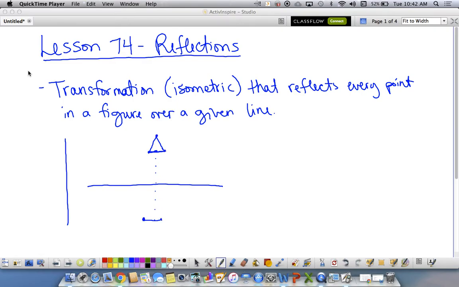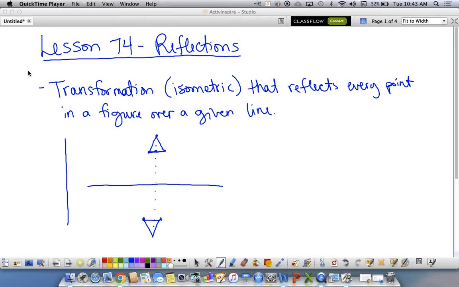What about this point at the top? Is it just 4 units away? No, it's at least 2 more, so I would go at least 2 more and go down. Again, if you've got a piece of paper, you can fold on that line, and they should be right on top of each other. We can do that with the vertical line as well.